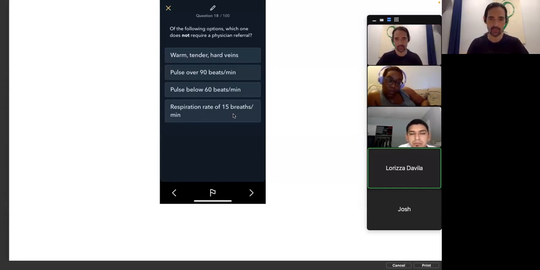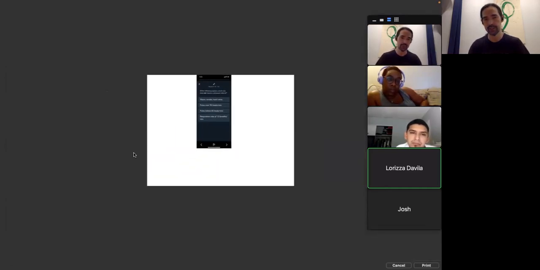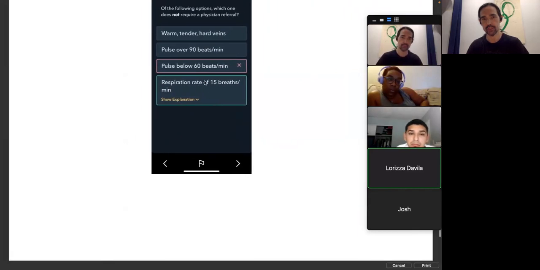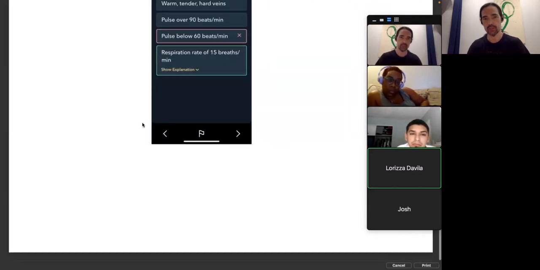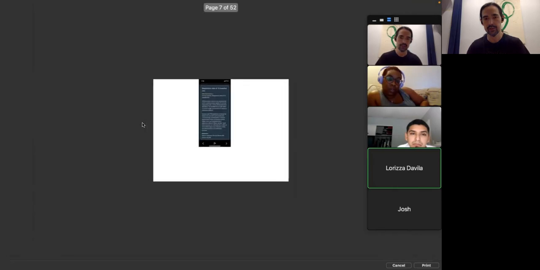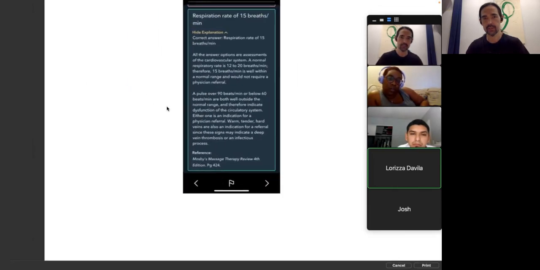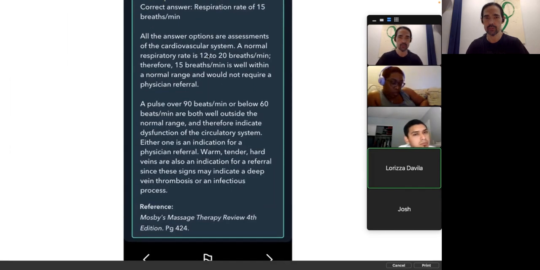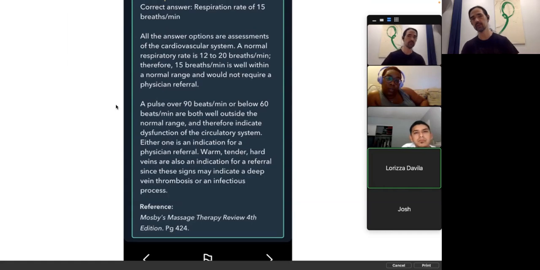You get athletes all the time whose pulse is 50 beats per minute, and it's no problem. But that leaves this one, a respiration rate of 15 breaths per minute. And I missed this one actually when I was taking it. So the normal rate of respiration is between 12 and 20. Normal respiratory rate is between 12 and 20 breaths per minute. So 15 breaths per minute is well within a normal range.